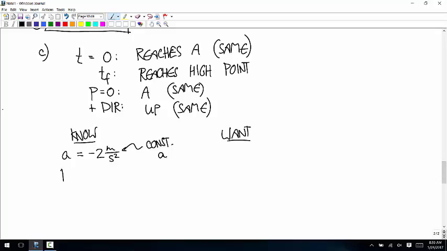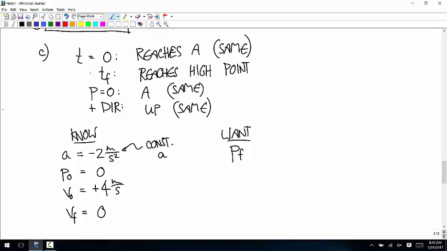Our position when time is equal to 0 is 0. Our final position is what we're trying to find. Do we know the velocity when time is equal to 0? Yeah, that's positive 4. V final, what's V final? 0.